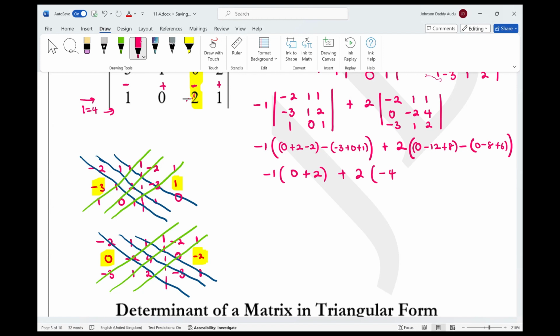And this is -8 plus 2, which is -2. So this becomes plus 2. So this is just going to be -2 plus 2 multiplied by -2 again. So we're having -2 and -4. This is -6.